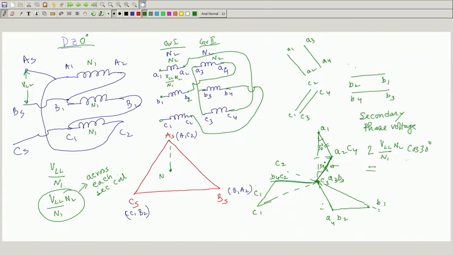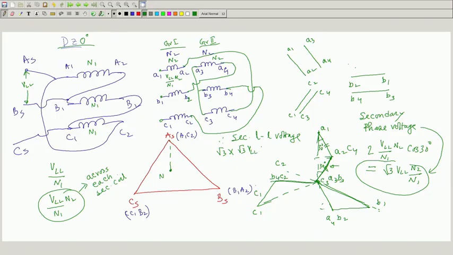So, it comes out to be root 3 VLL N2 by N1, root 3 by 2, 2 cancels out. And what will be the line to line voltage available on the secondary side? Root 3 times this phase voltage, this one is the phase voltage. So, the secondary line to line voltage will be root 3 times this, root 3 VLL N2 by N1. So, it comes out to be this.